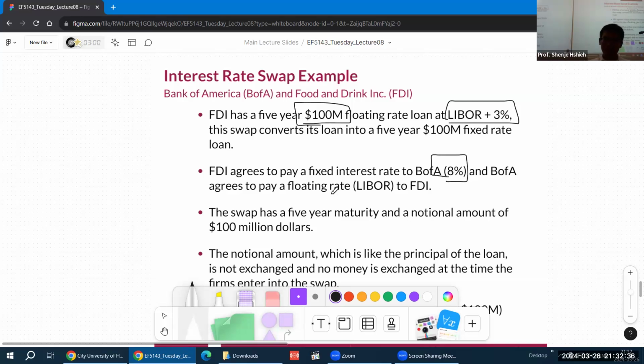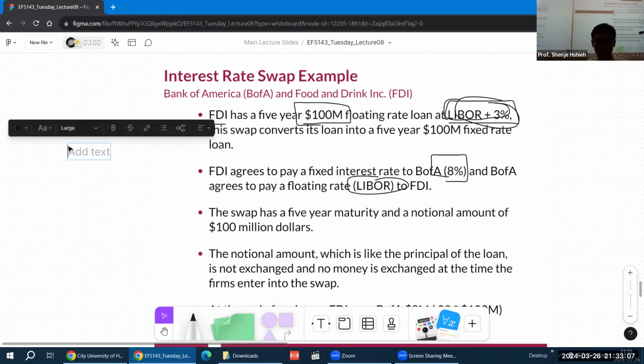Sorry, let me see. It's a combination of two things. FDI originally is borrowing this, but is engaging in a fixed for floating swap at this: 8% for LIBOR. And it has an outstanding bond that it's paying interest on at LIBOR plus 3%. So this swap converts this loan to a fixed rate. We have this liability first, so let's write it out.